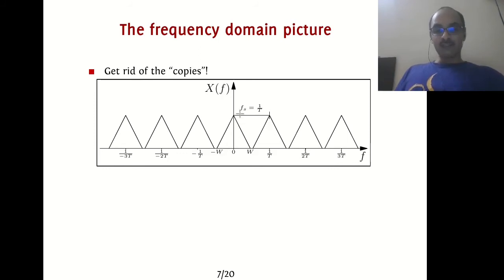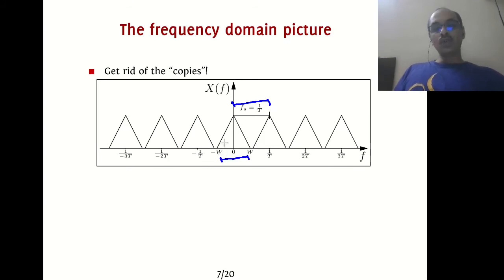If my sampling rate fs, which is 1/T, in other words, if I sample by taking one sample every T seconds or fs samples every second, exceeds 2W, then the copies that are produced, remember, sampling is multiplication by an impulse train in the time domain, convolution with an impulse train in the frequency domain, which leads to copies. If these copies are separated by more than twice W, then you can potentially get back your original signal.